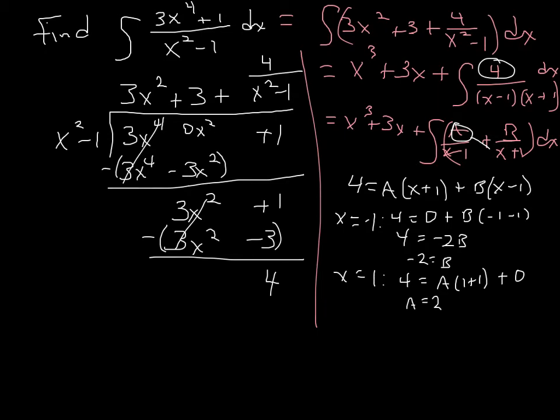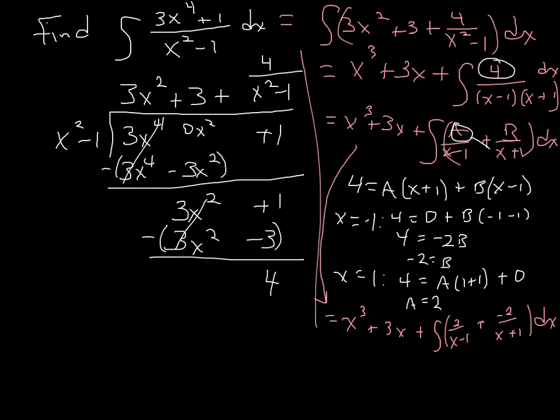So we go back to our work from before, and we'll have x cubed plus 3x plus the integral of 2 over x minus 1 plus -2 over x plus 1 dx.